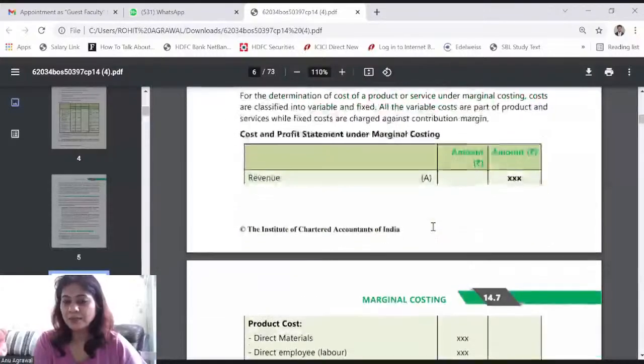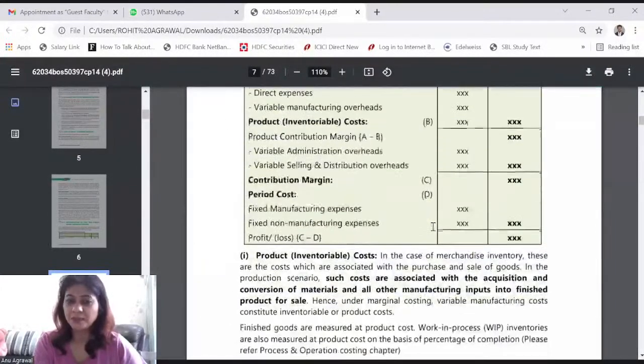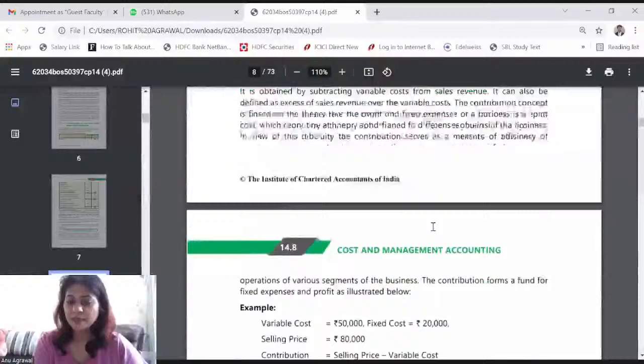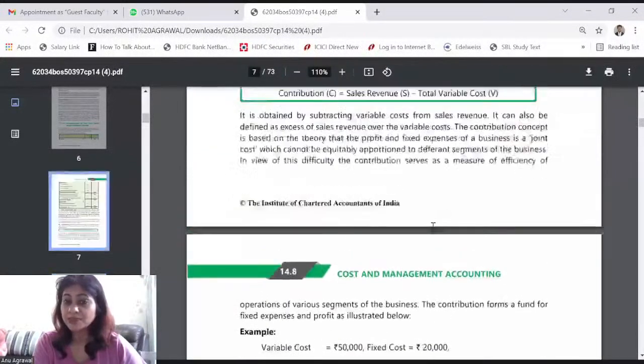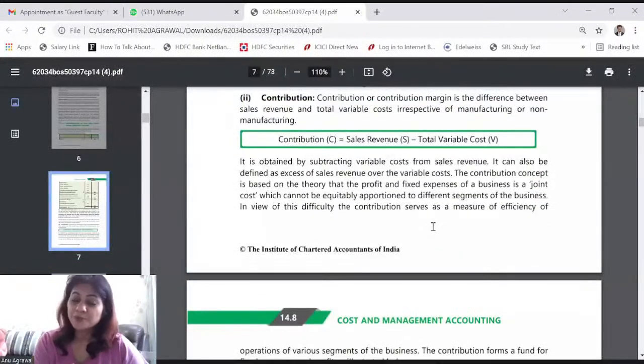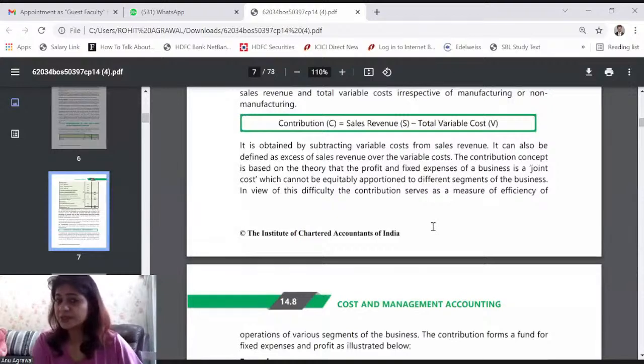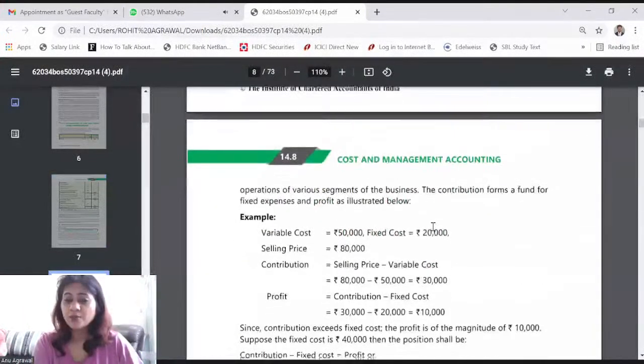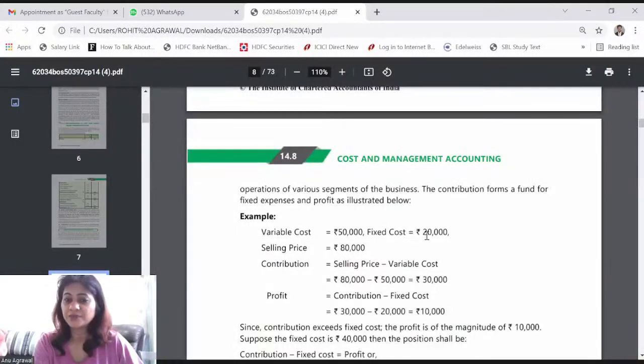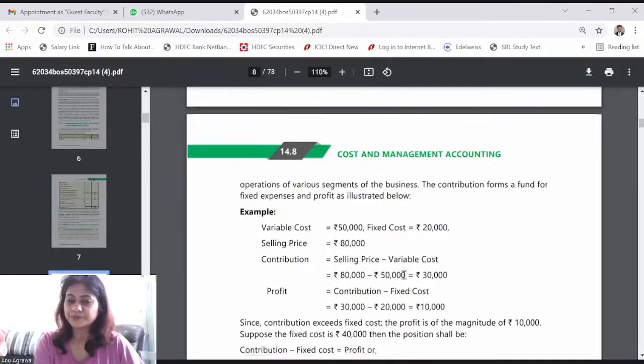Then they talk about a marginal costing sheet, which I will take up in the next class, along with the difference between absorption and marginal costing. Then the Institute discusses contribution and sales revenue. Look at it: variable cost is 50,000, fixed cost is 20,000, selling price is 80,000. So contribution will be 80 minus 50, 30,000.